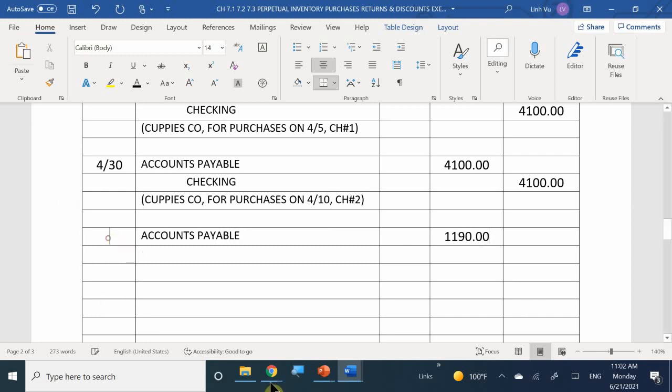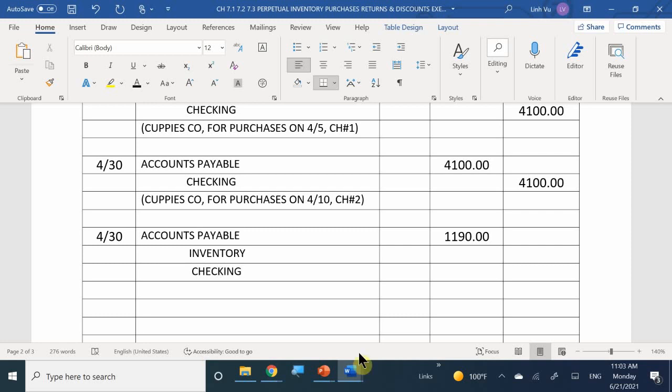Now, how can I journalize this to reflect that I got a discount, and how much am I actually going to pay them now that I got the discounted amount? Inventory, right? We're taking the discount right out of inventory, and then checking.